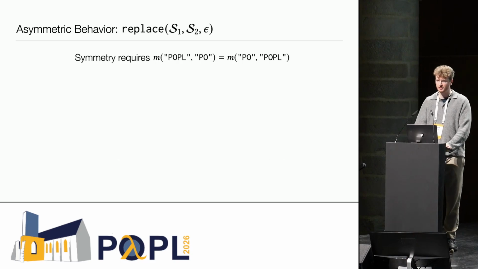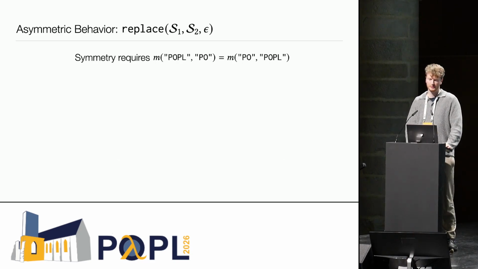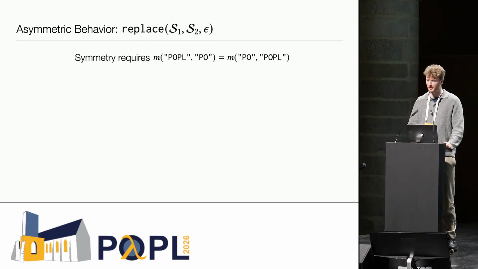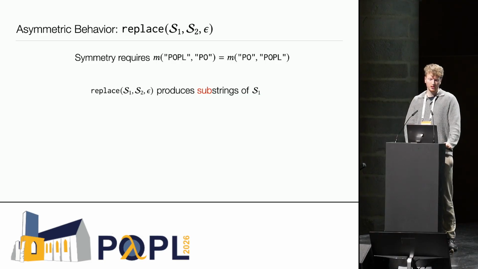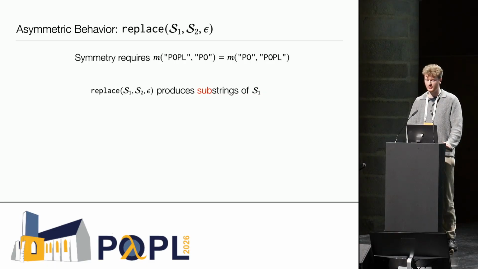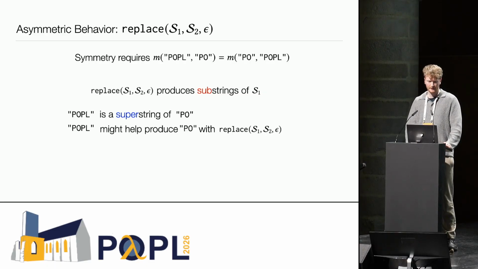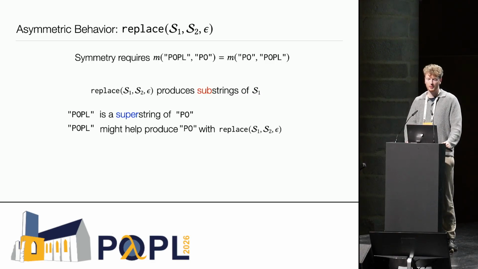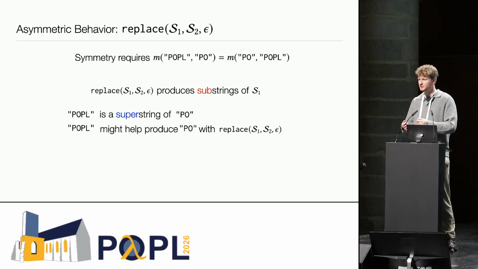The next example is replacements with epsilon. So again, symmetry requires that from POPL to PO is the same as the other way around. But the replace operator also only works in one way if the epsilon is the last parameter. So then we only get substrings of the first parameter. Now, since POPL is a superstring of PO, POPL might help us produce PO using the replace operator.